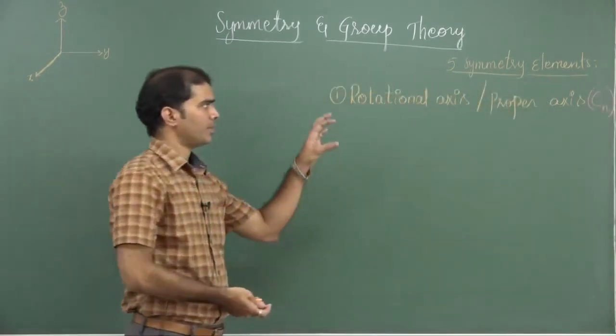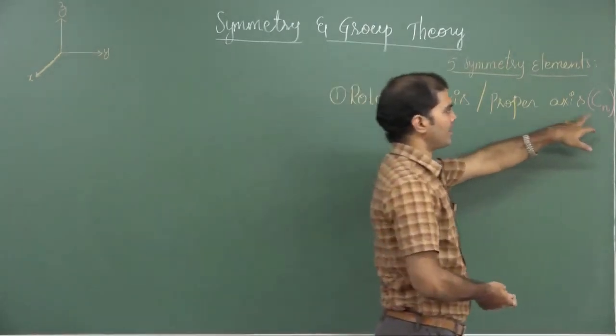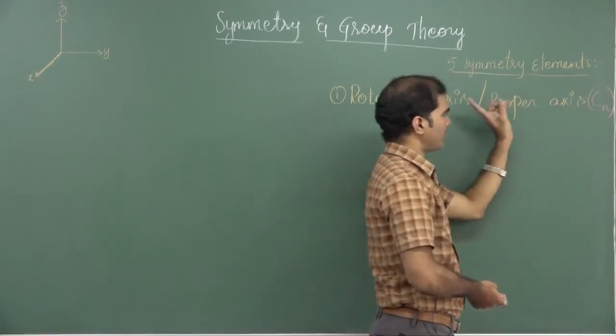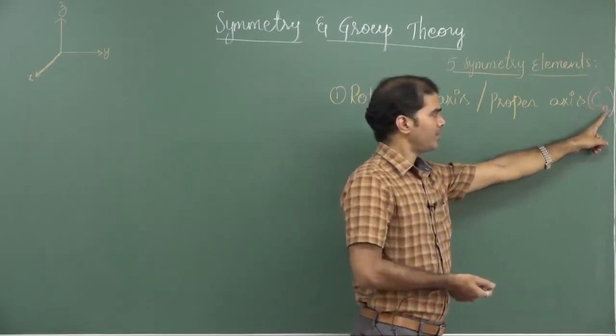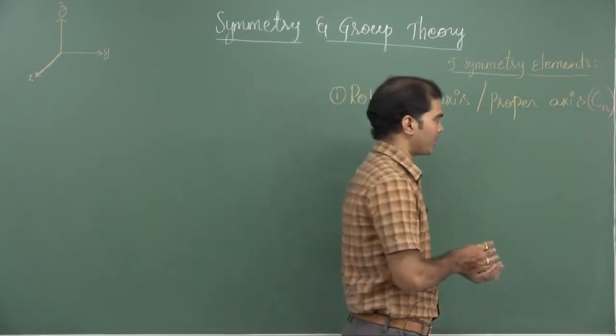All these are symbolisms. It is called Schoenflies notation, where the rotational axis is defined by an uppercase C with a lowercase n as a subscript.